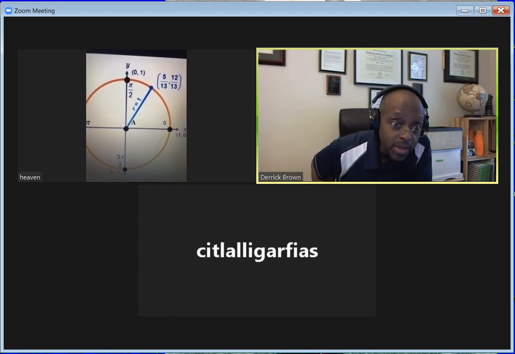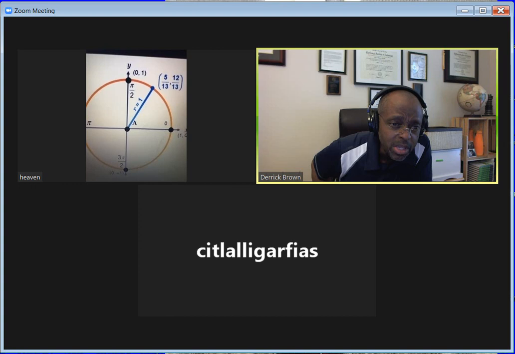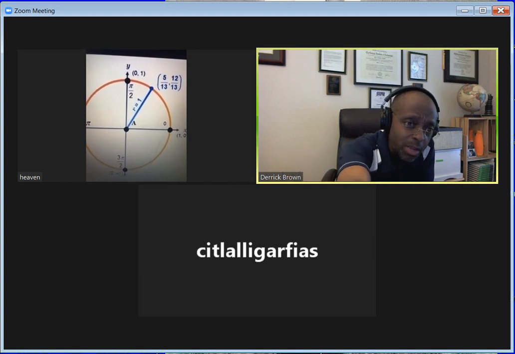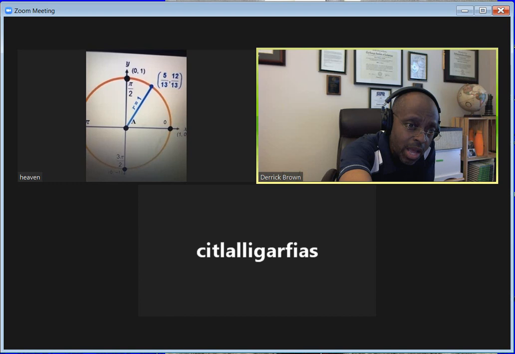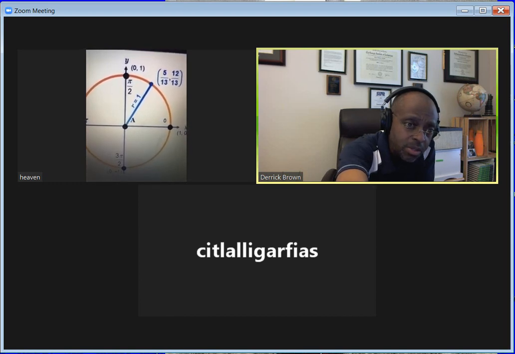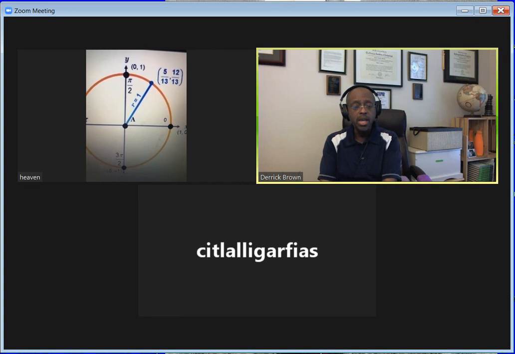I'm making a triangle. The adjacent side is a line drawn from the origin to that other imaginary line where they intersect at a right angle.